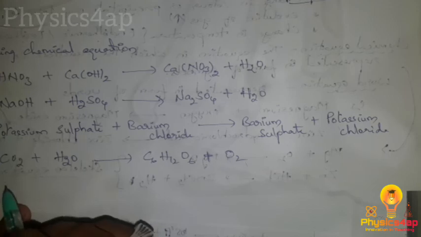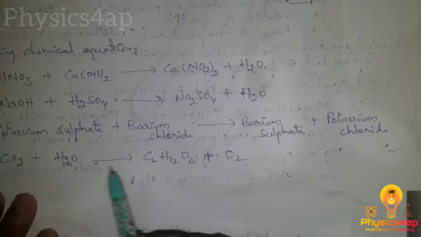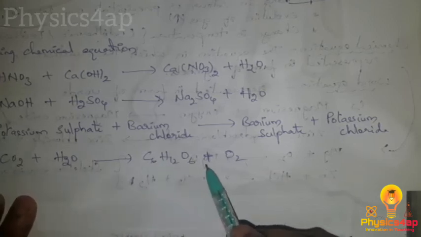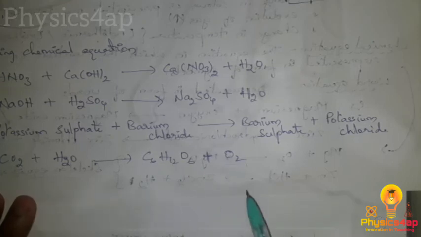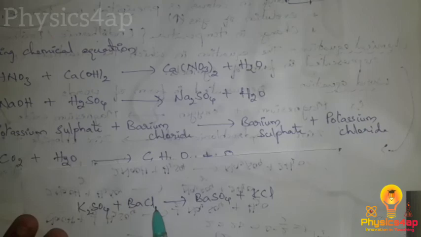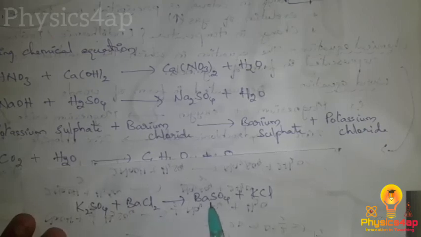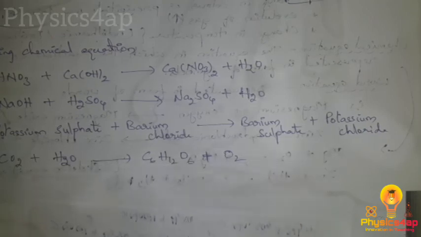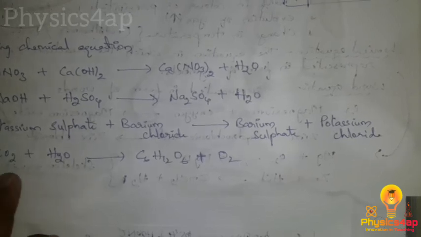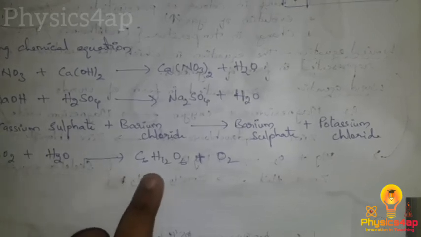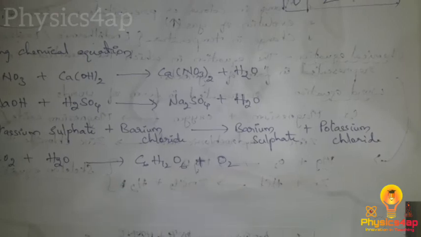And also down we have carbon dioxide plus H2O gives rise to C6H12O6 plus O2. So here we have carbon dioxide, water, and C6H12O6 which is glucose, and oxygen.